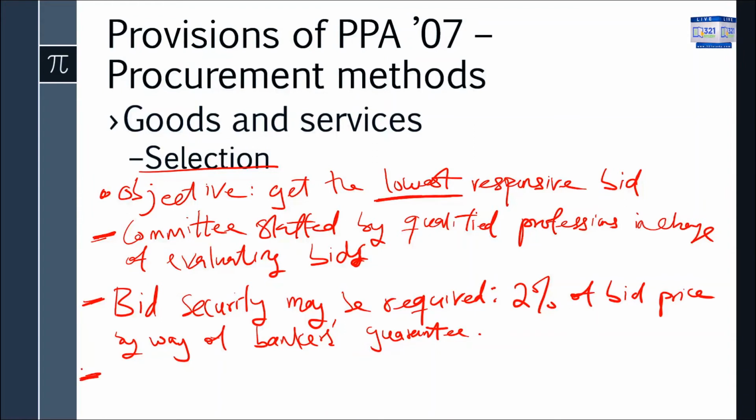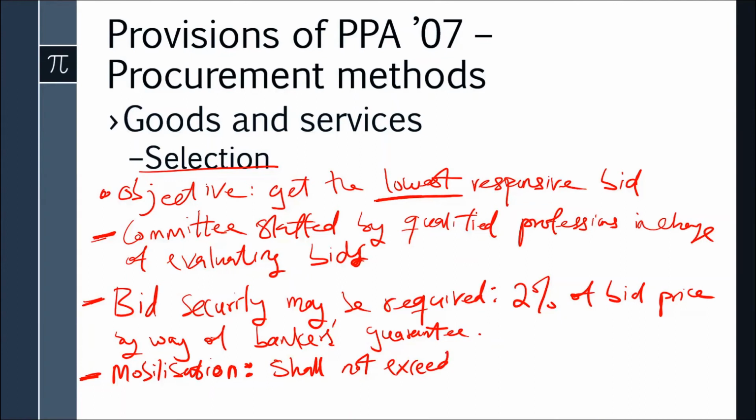And when it comes to mobilization fees, that is, okay, you have won the bid, fantastic. Mobilization should not exceed 15% of contract price.